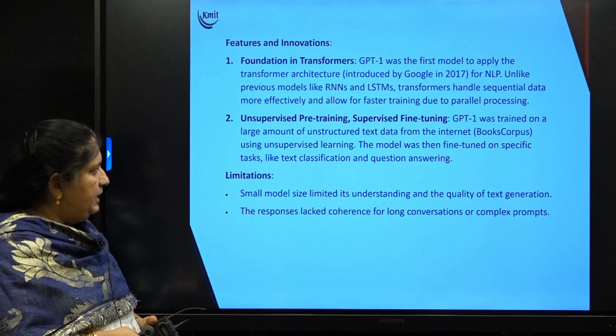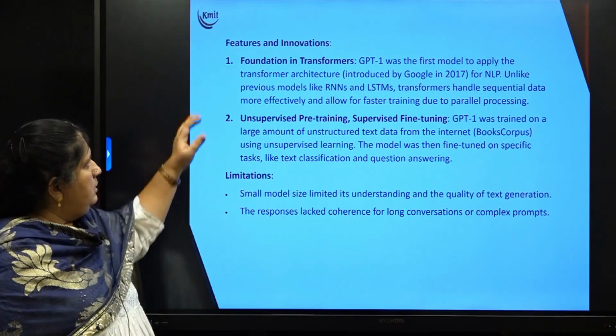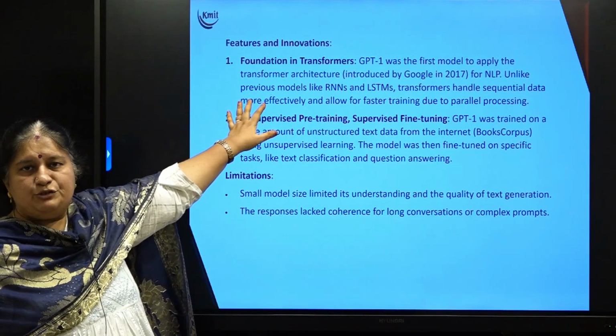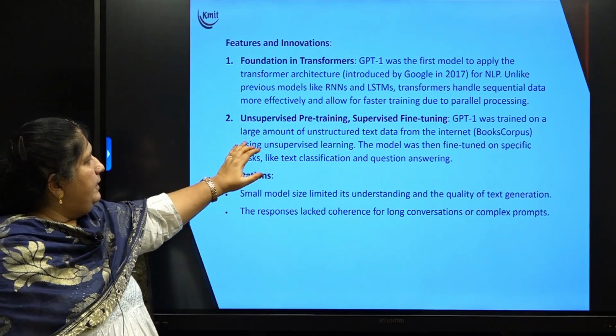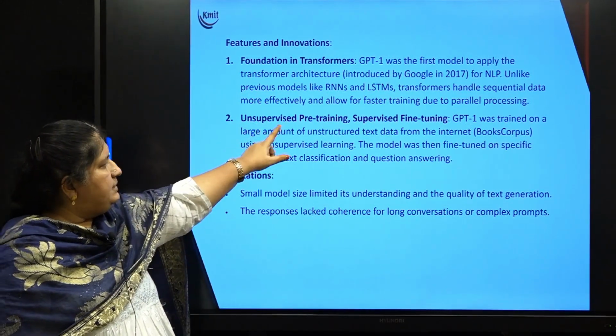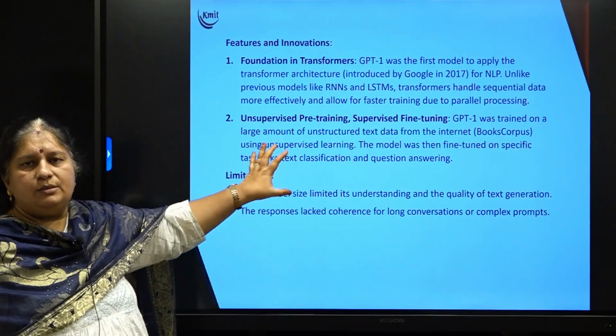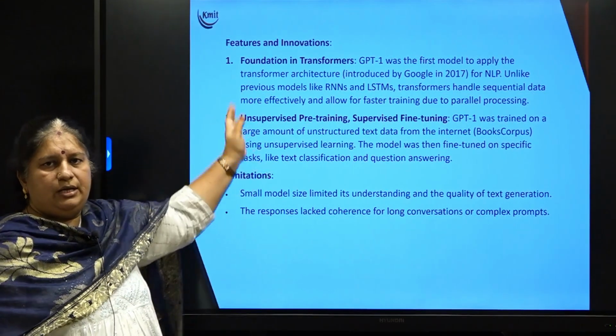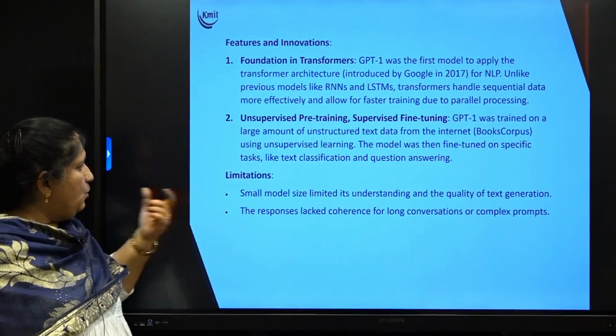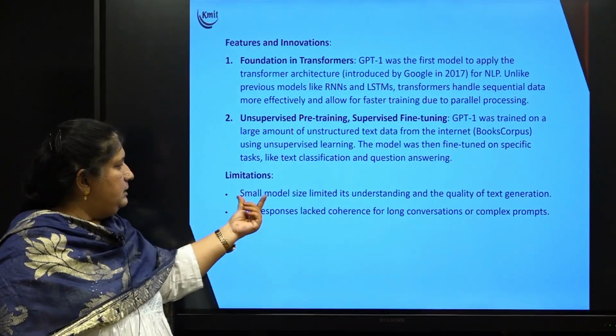What are the major features of GPT-1? It is laying the foundation for transformers, and it works with unsupervised pre-training and supervised fine-tuning. These are the features prevailing with pre-training and fine-tuning. What are the limitations of that? It's a small model.